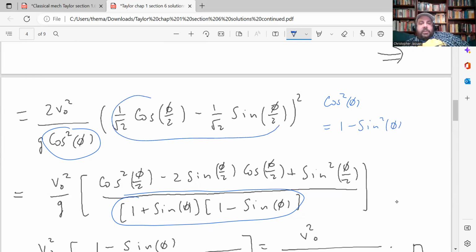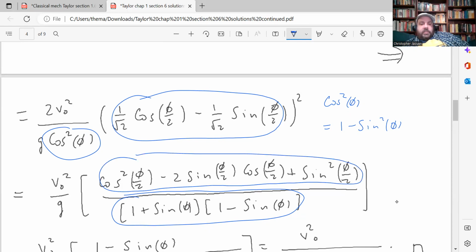And here, using the sum and difference formulas, this simplifies to give you this expression here. Sorry, when you square it, you get this expression here.